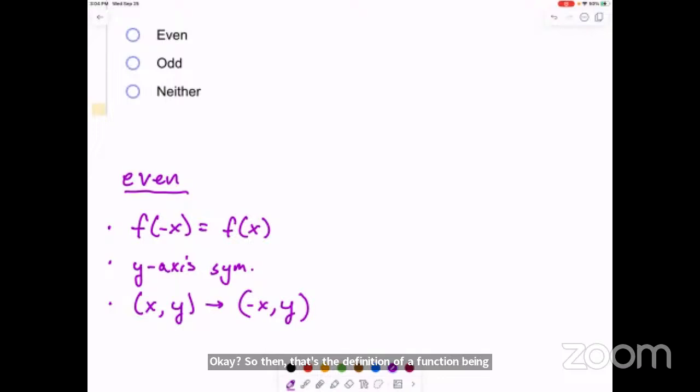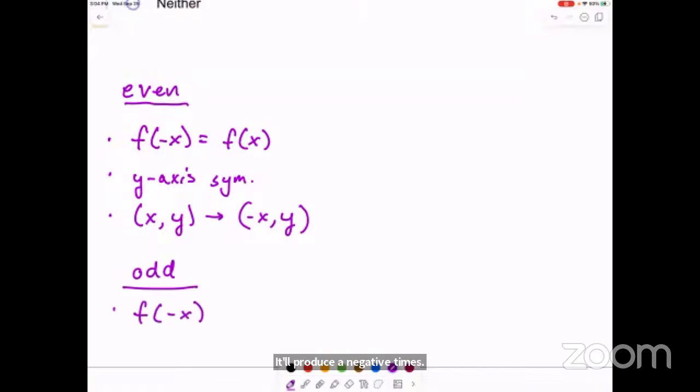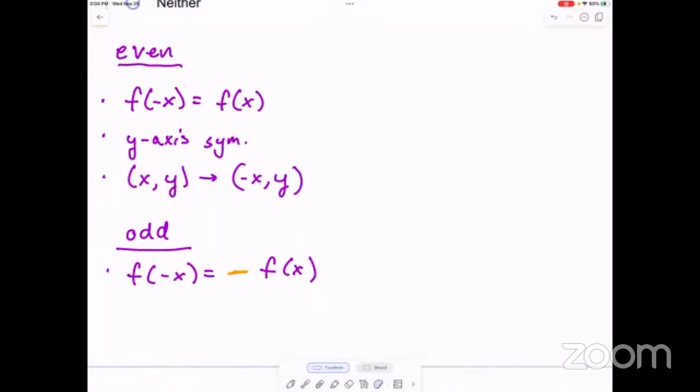Then we have the definition of a function being odd. When we evaluate f of negative x, it'll produce a negative times the original. An odd function has origin symmetry.